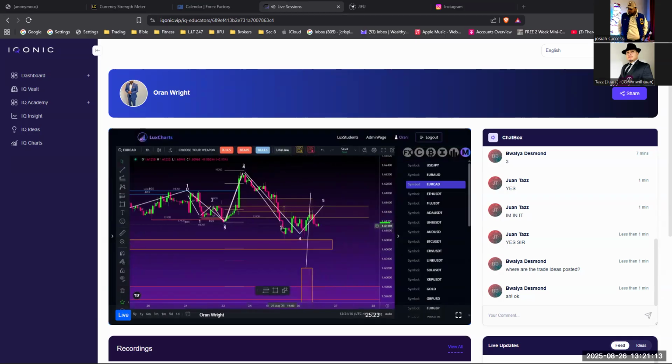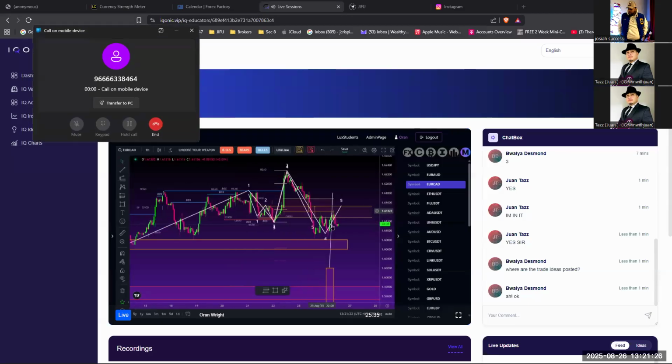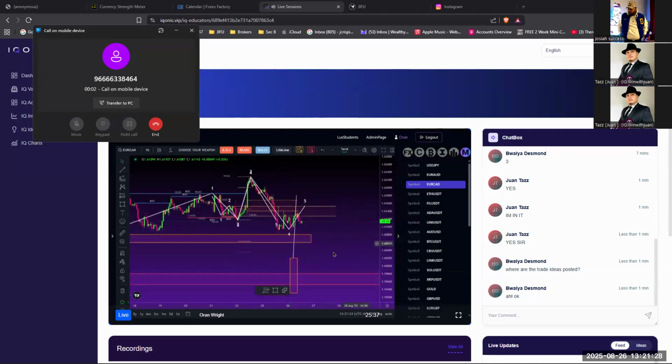During our session, it was right here. So we needed that number 4 to bounce off this level, shoot up to the range, and then we were looking for sales down.